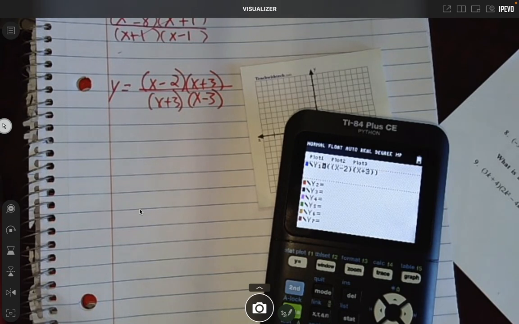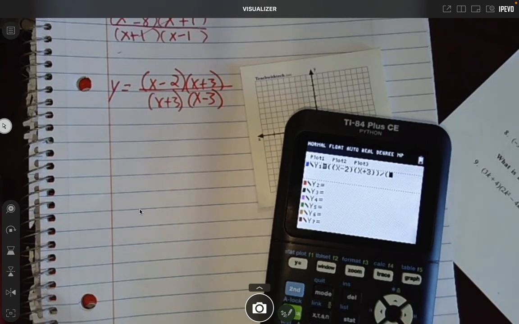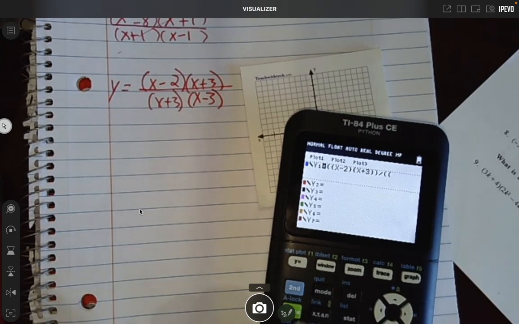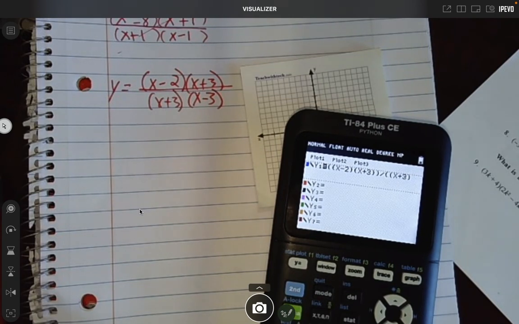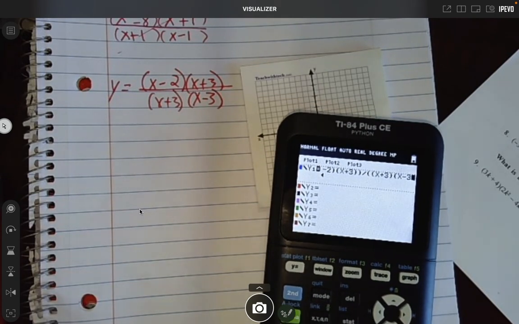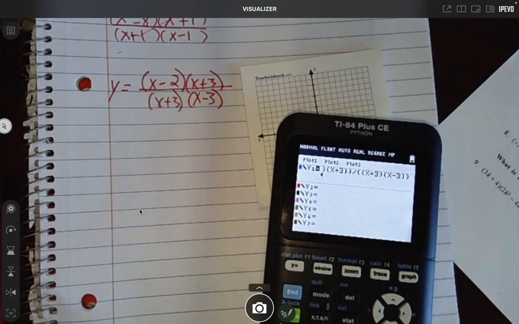Okay? Everybody good with that? Then I put divided by, and how many sets of parentheses do I have down here? 2 again. I'm going to put X plus 3 and X minus 3. Close them twice. Okay? And then you graph it. Are we ready to graph?